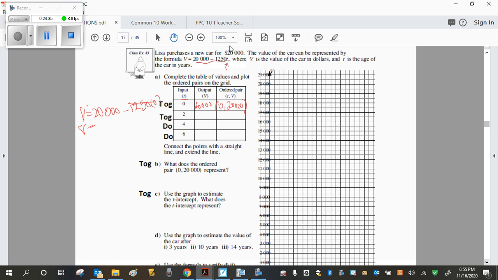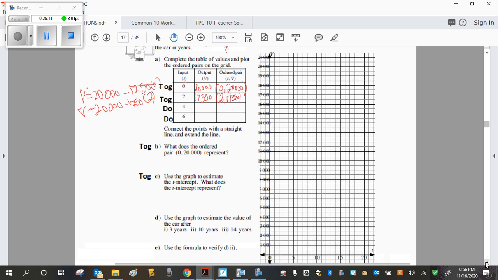Next, same formula, 20,000 subtract 1,250. In this case, T is 2 years. So in 2 years, it is worth, and if we punch that into our calculator, we get 17,500, since 2 times 1,250 is $2,500. And so this point is 2 and 17,500. Let me just move this up.